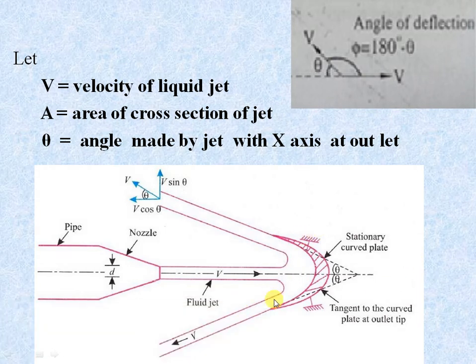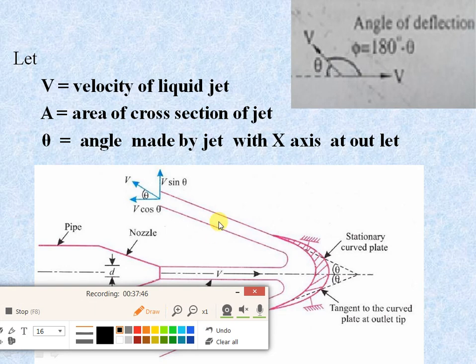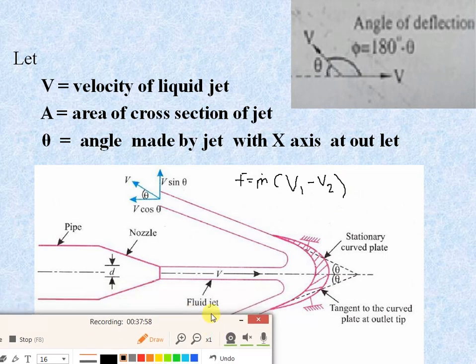Now again in this case, by using Newton's or impulse momentum principle, we can write F is equal to m dot (v1 minus v2). Now in this case, the initial velocity is v, so v1 is equal to v, and after striking, the velocity v is resolved into two components.